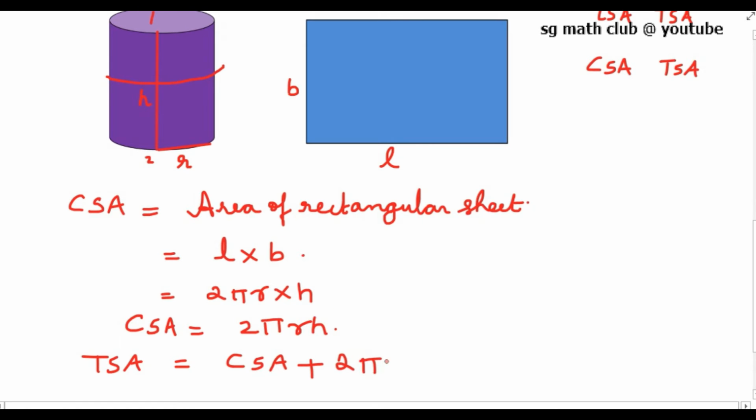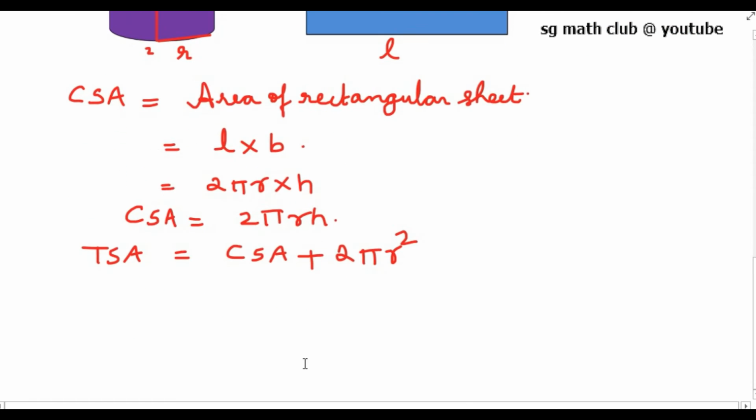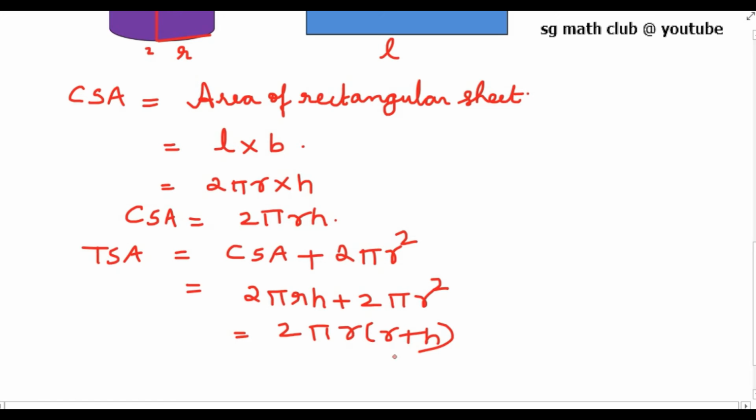The area of a circle is pi r square, so we add 2 pi r square. The total surface area is 2 pi r h plus 2 pi r square, which we can write as 2 pi r into r plus h. This is the formula to find the total surface area of the cylinder, and the curved surface area of the cylinder is 2 pi r h.